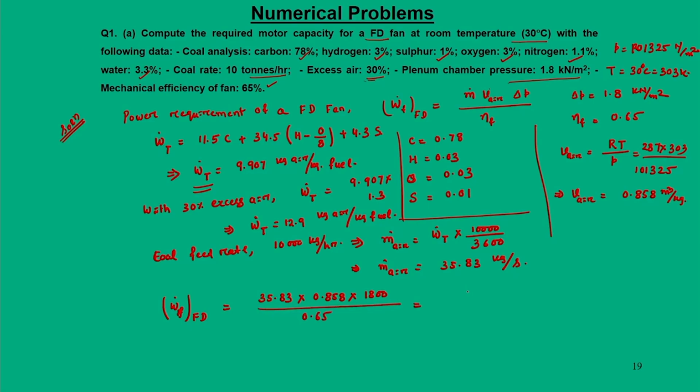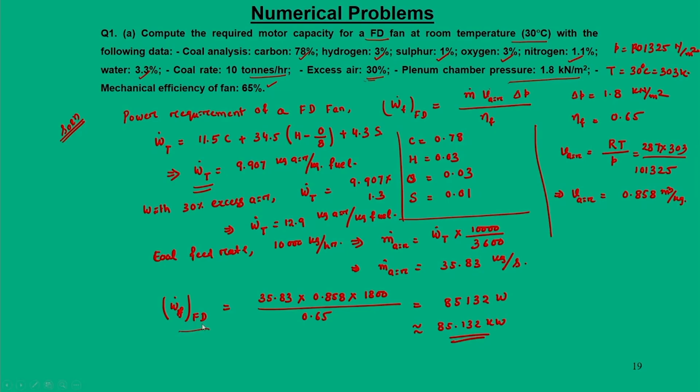So, the power requirement for the forced draft fan would be 85132 watt, or approximately 85.132 kilowatt. Okay. So, this is how we calculate the power requirement for the forced draft fan.